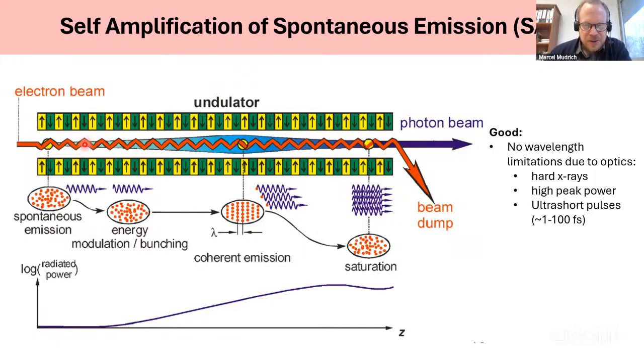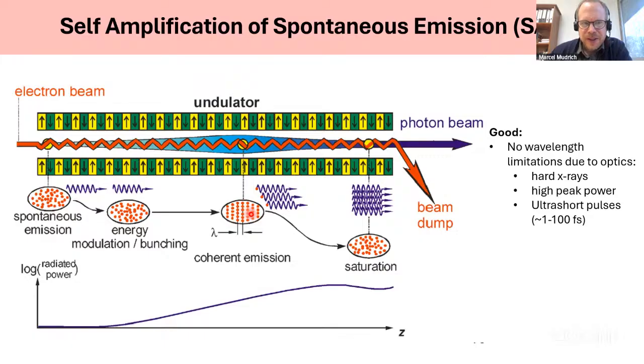This undulator radiation, if it's intense enough, will start to interact back with the electron bunches that have produced the radiation in the first place. This is a runaway process, a self-amplifying process, which leads to what is called microbunching, the formation of a microscopic structure where electrons arrange themselves into thin slices spaced by half the wavelength.